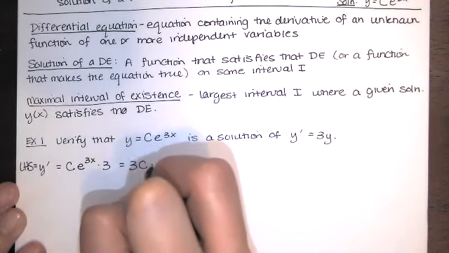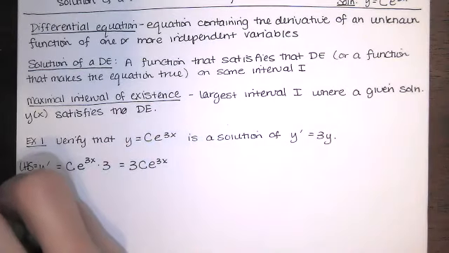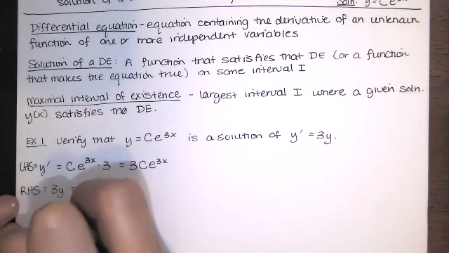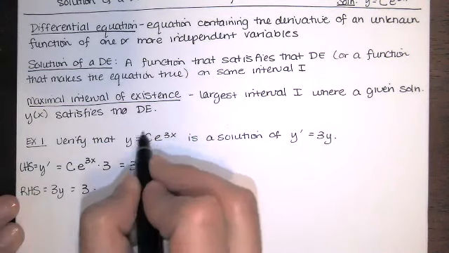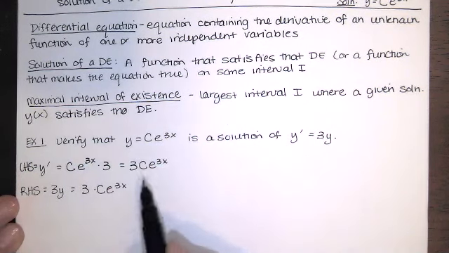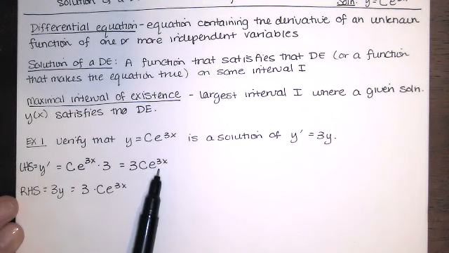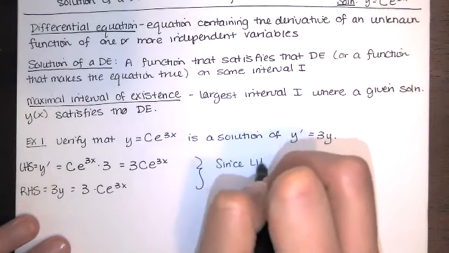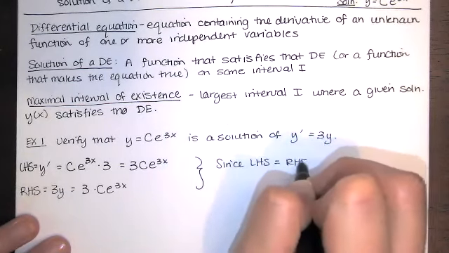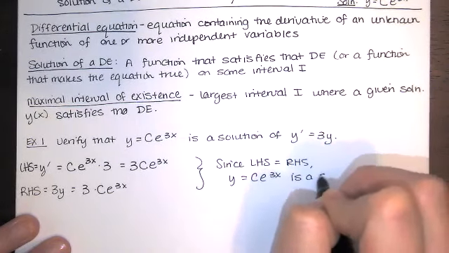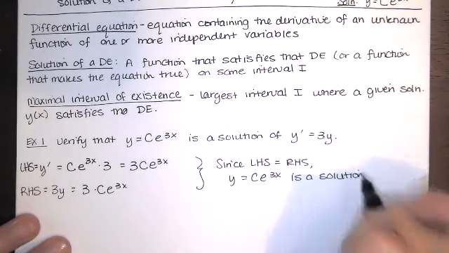So we get 3 times a constant times e to the 3x. The right-hand side is 3 times y, and y is equal to this, so we substitute that in. On the left, we have 3c times e to the 3x. On the right, we have 3c times e to the 3x. So put those together. Since the left-hand side equals the right-hand side, y equals c times e to the 3x is a solution of the differential equation.